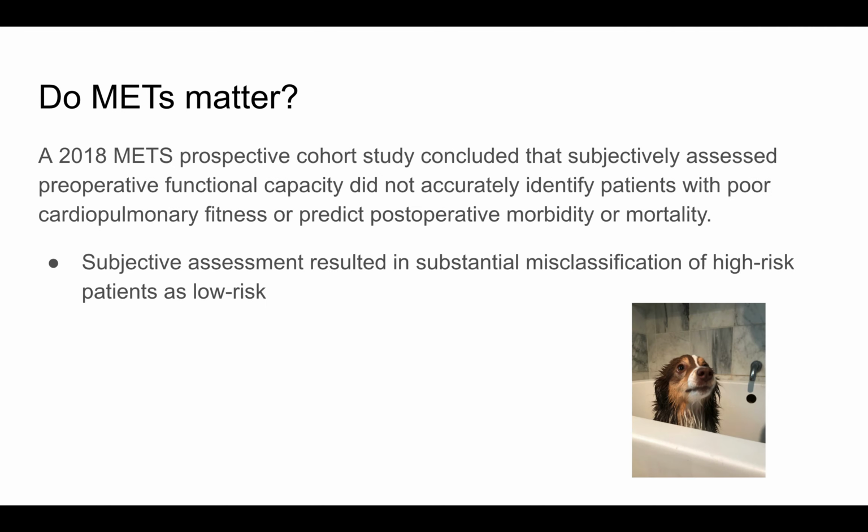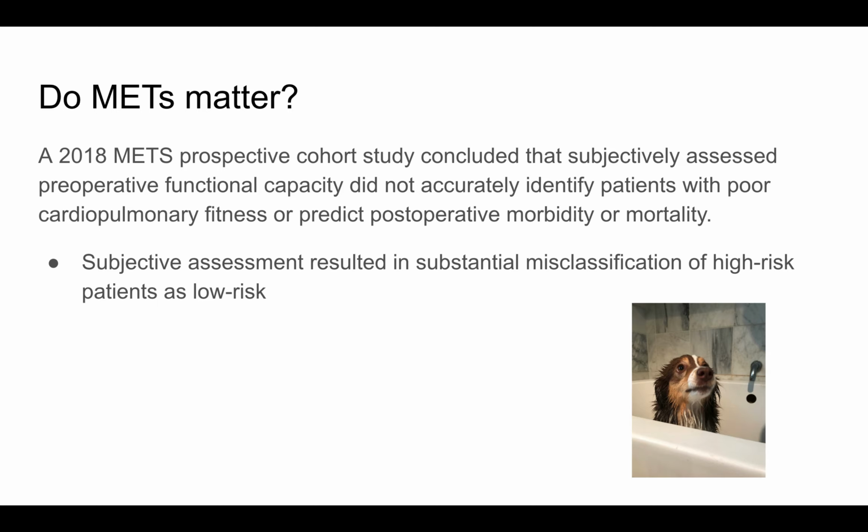However, unfortunately, in 2018 there was a prospective cohort study that concluded that subjectively assessed preoperative functional capacity did not accurately identify patients with poor cardiopulmonary fitness or predict postoperative morbidity and mortality. So we've been using this, it seems, for a long time to predict which patients may not do well with surgery based on their cardiopulmonary fitness. However, apparently we're not doing all that great of a job at predicting this.